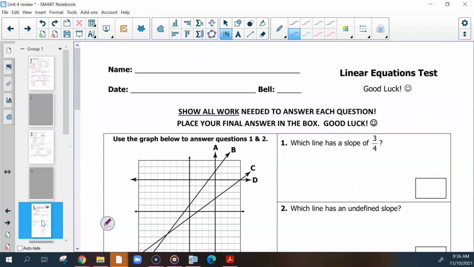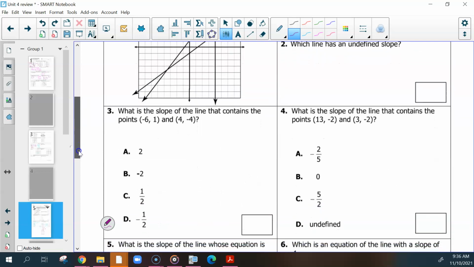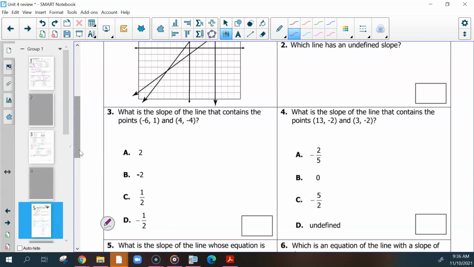Is that this? Page it first. Okay, number 3. Yeah. Number 3, what is the slope of the line that contains these points?